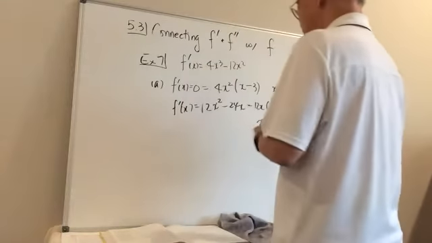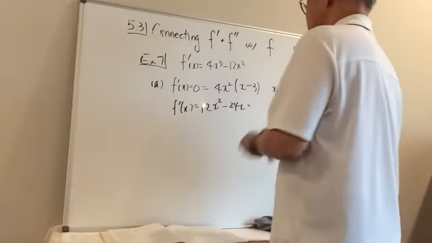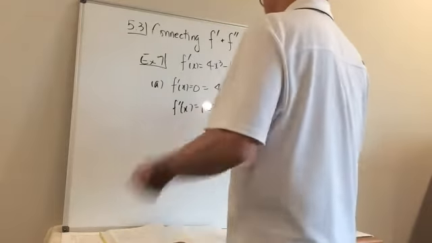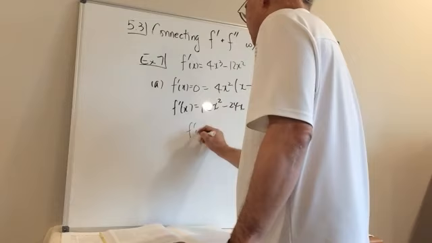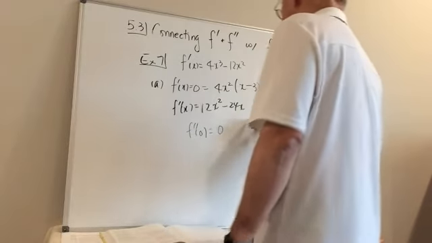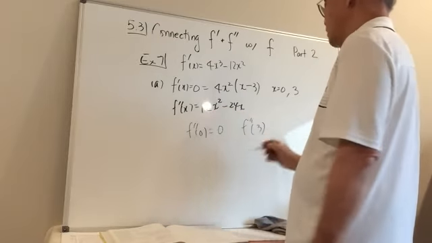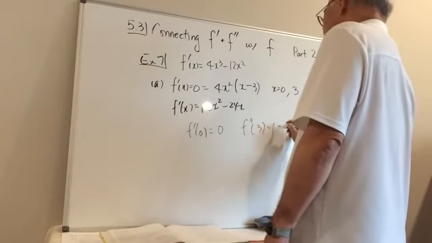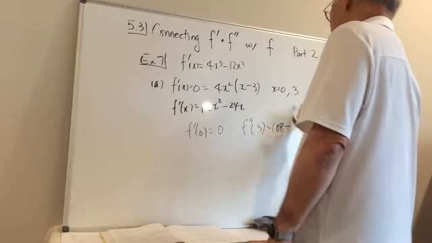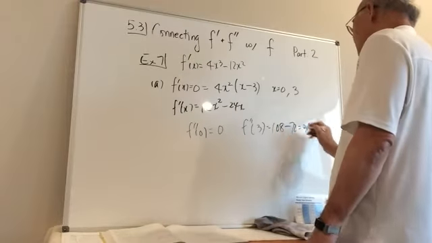That's really not what I need to know. I need to know f double prime of 0, which is equal to 0. f double prime of 3, when I put 3 in here, what do I get? 9 times 12 is 108, minus 72, which is going to be 36.